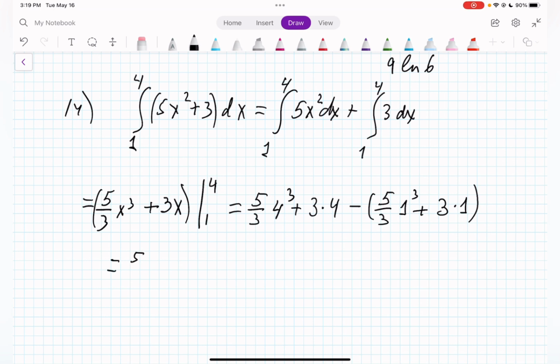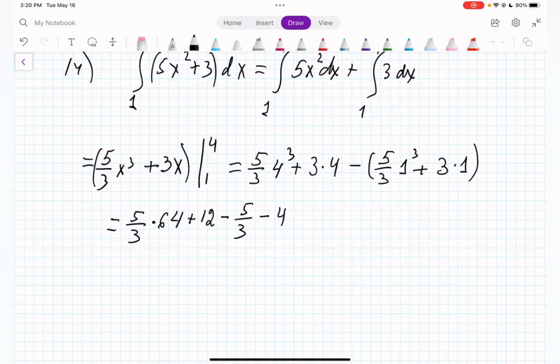5 over 3, 4 to power 3, 4 times 4 is 16, 16 times 4 is 64. And then plus 12, minus 5 over 3, because 1 cubed is 1, doesn't do anything. And then minus 4, see that? Okay, because we have a negative sign in front of the parentheses. So what do we get?